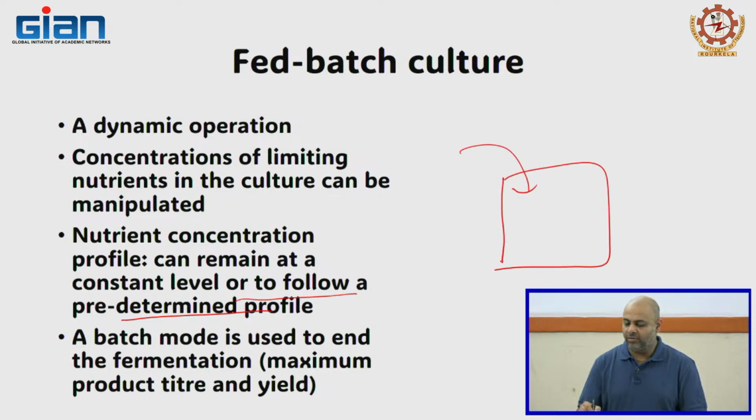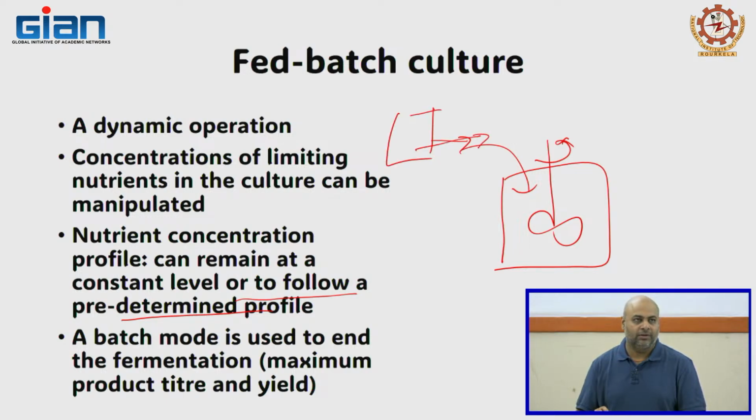So, let us say if this is your reactor, you keep the nutrient concentration or the flow rate constant, or you set it such that in the first half an hour this would be the flow rate, in the second half an hour there would be another flow rate, like the flow rate will increase or decrease depending upon what you are trying to do.